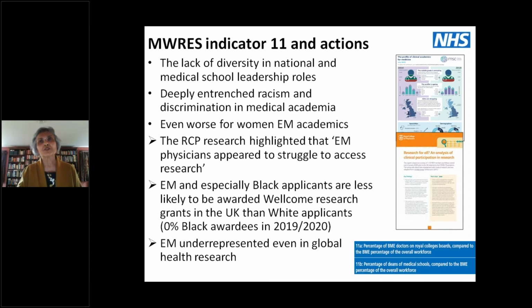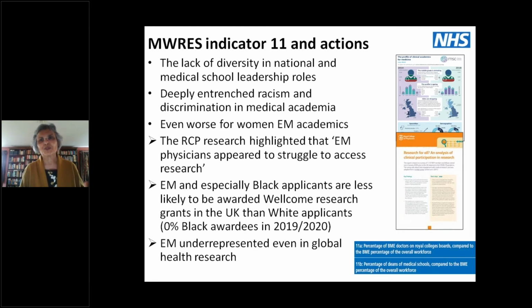And in terms of NIHR and UKRI funding, we don't even have data to see what the breakdown is, but we know broadly that ethnic minority academics are very badly off in terms of receiving funding and being promoted to higher grades.